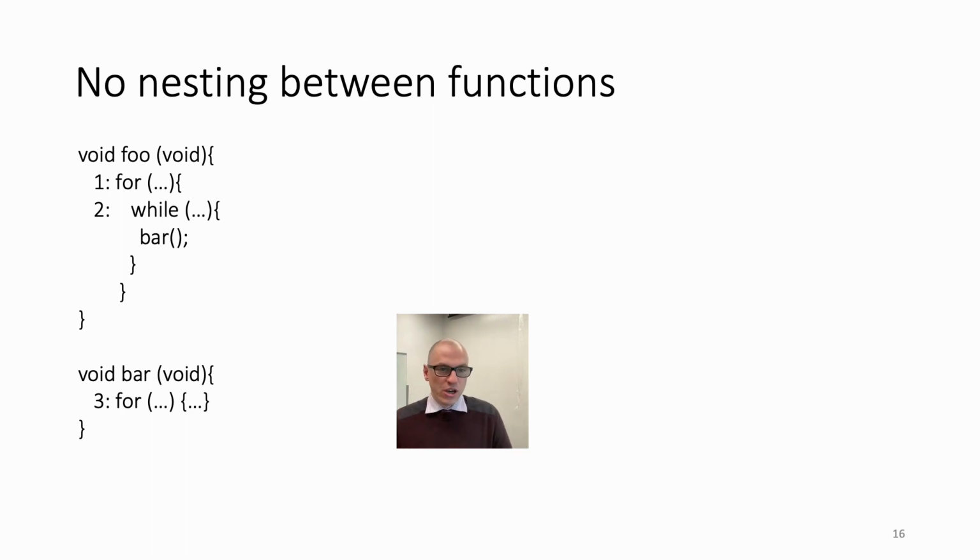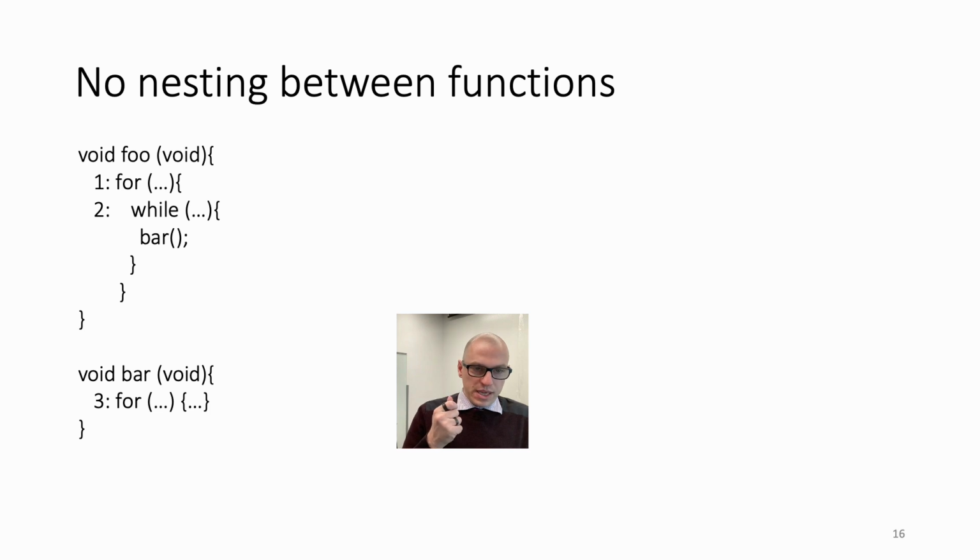But the forest abstraction provided by NOELLE is built using the nesting relation between loops within the same function. So in other words, there is no nesting relation between loops across functions for the loop forest abstraction of NOELLE.